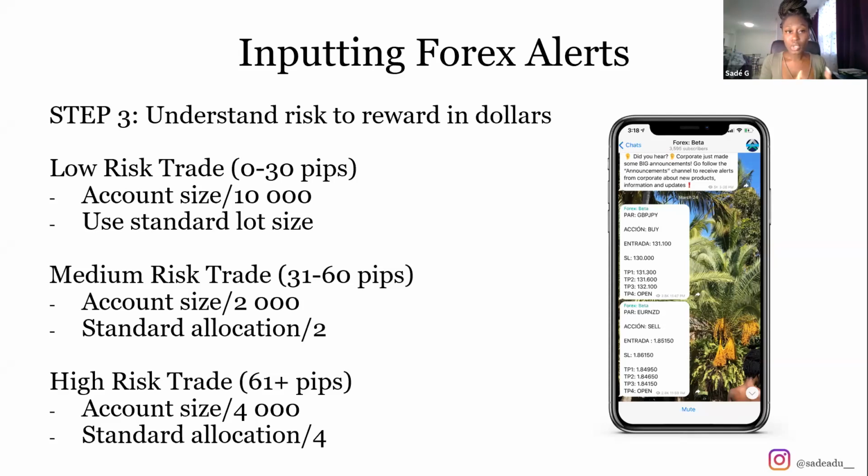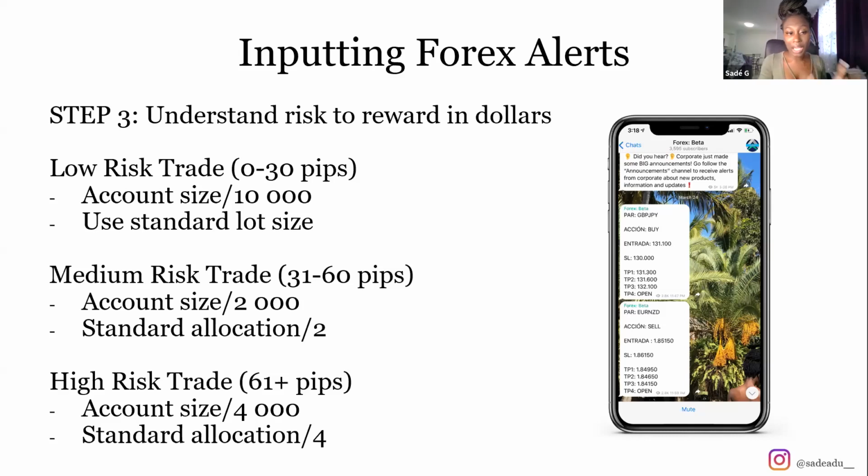Cool. So if it's a low risk trade, you're going to utilize your standard lot size, whatever you get from doing the calculation. If you have a medium risk trade, you would divide your account size by 2,000, or your standard allocation divided by 2. So if you had a $1,000 account, 0.10 divided by 2 is 0.05. That would be your allocation for a medium risk trade.